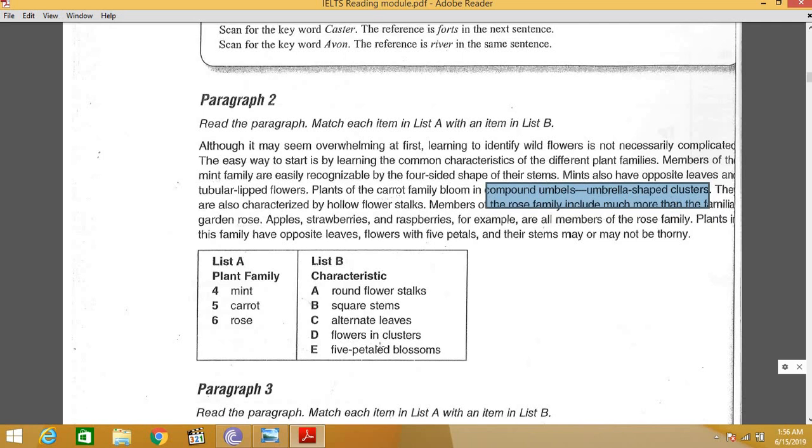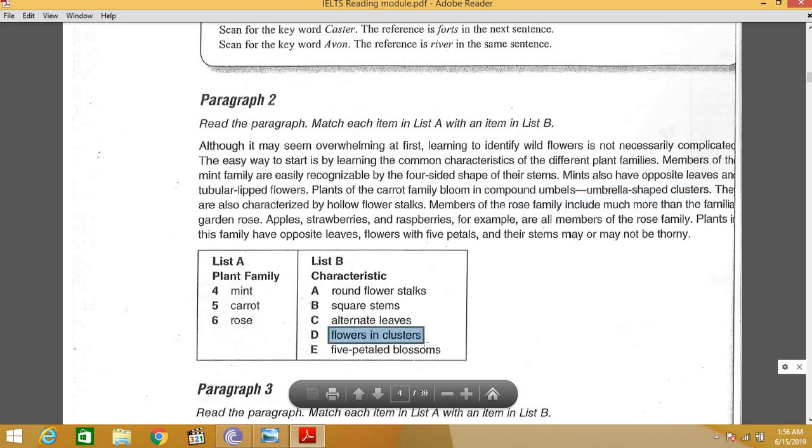Well, in order to identify, round flower stalk, square, alternative, flowers in clusters. Well, I find that bloom in compound umbels means flowers in clusters. So the answer I have found, flowers in clusters. So we can say that for carrot, the answer is D.